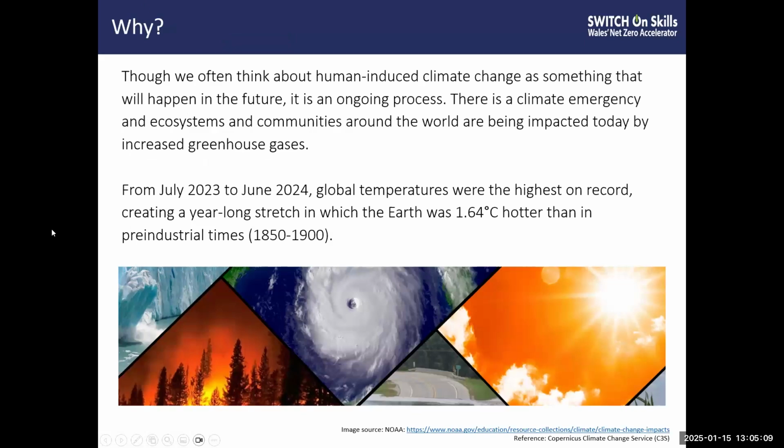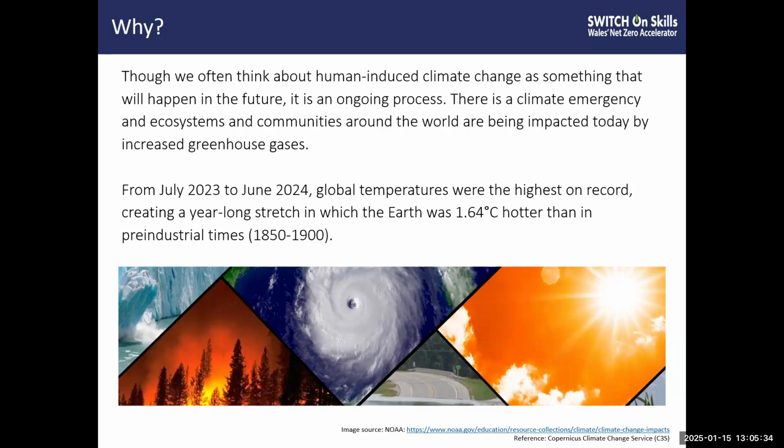So why is this topic important, and why is it important now? Like I mentioned, climate change or climate emergency. We often think about human-induced climate change as something that will happen in the future. In reality, it's an ongoing process, and there is actually a climate emergency now.